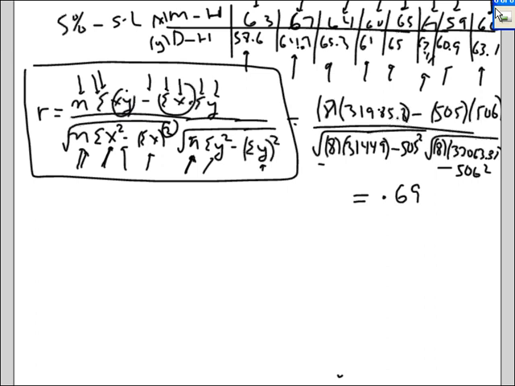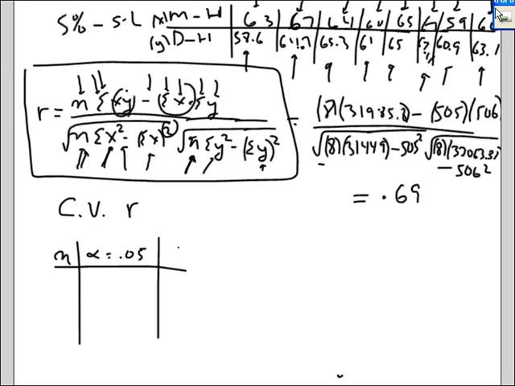Okay. So now what you have to do is find the critical value. Well, you have n, and you have alpha equal 0.05, and alpha equal 0.01. And we did say 5% at the beginning. So you look at 8, and you read off this number right here.